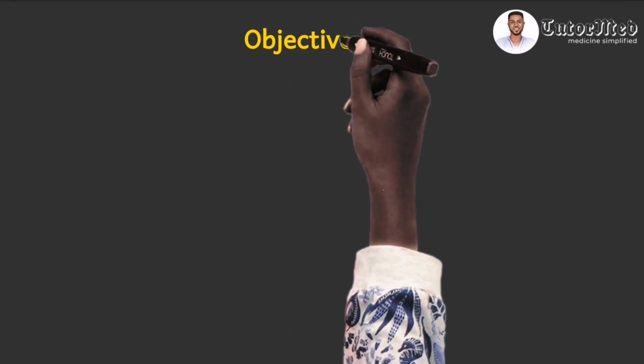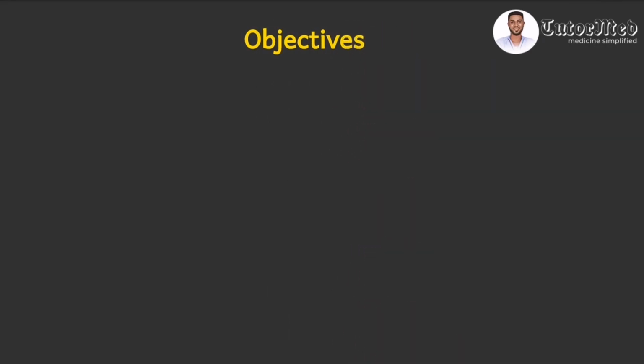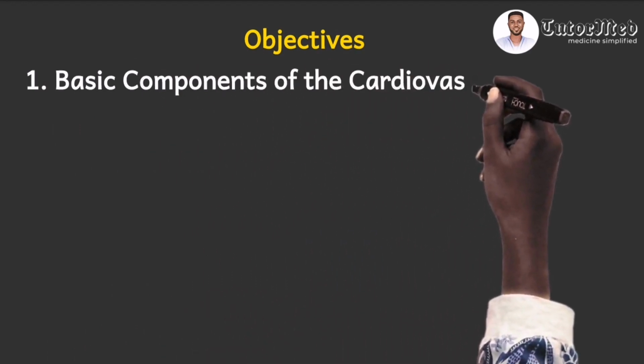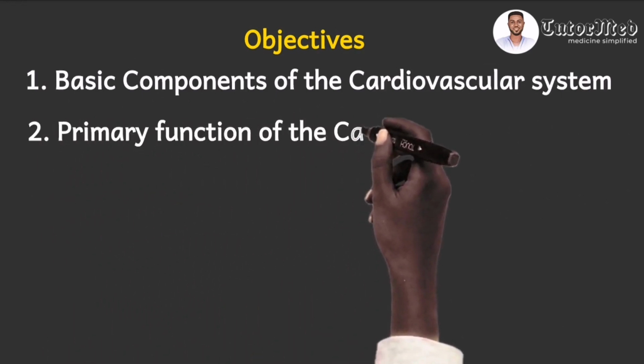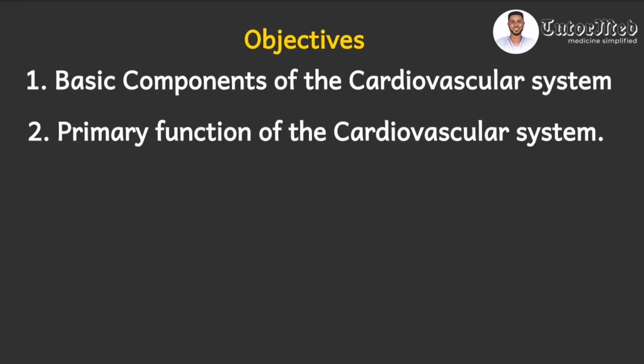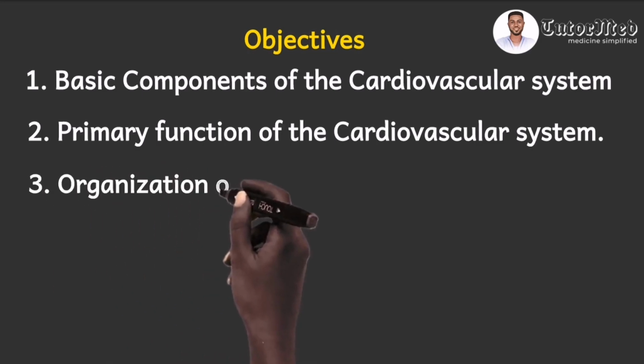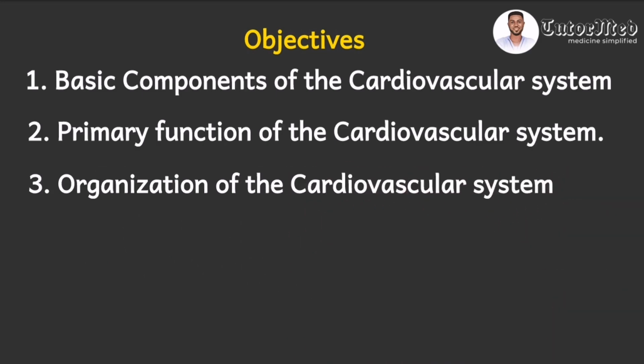And so friends, the objectives of today's discussion are that we will be able to mention the basic components of the cardiovascular system, and understand the primary function of the cardiovascular system, although there are other functions. Then at the end of this discussion, we should understand the organization of the cardiovascular system.